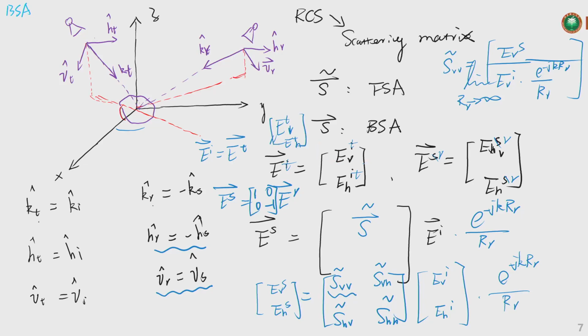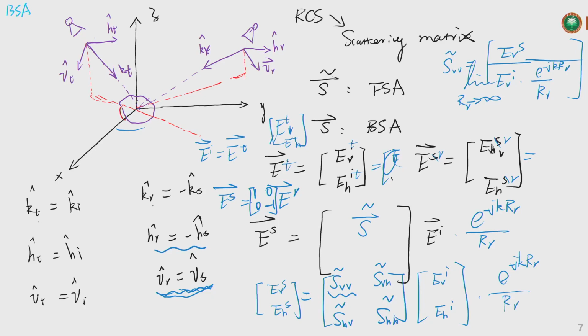A 1x2 matrix, and this term is EVR, EHR, right? So the V component, the direction does not change. So that means it's unit 1. And the H component just a minus, so it's minus 1 here. So when we combine them together, we can transfer that just based on their unit vectors, right?